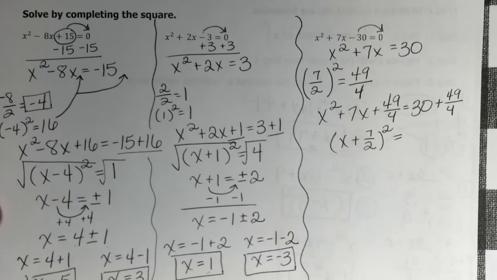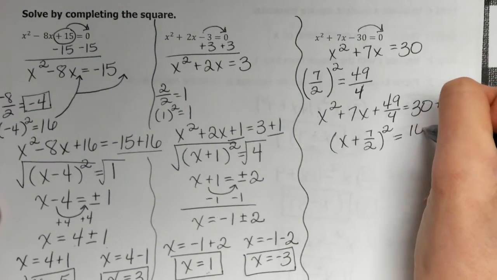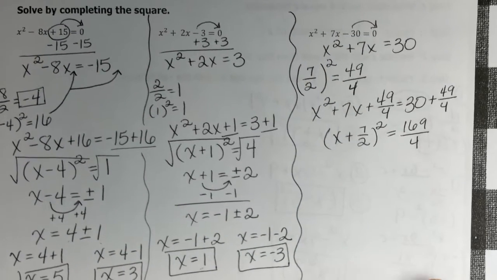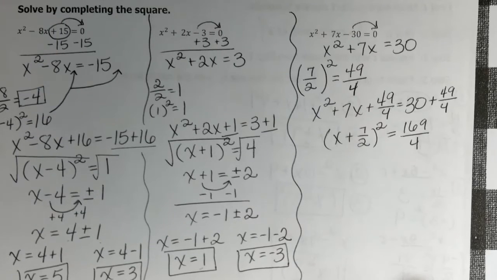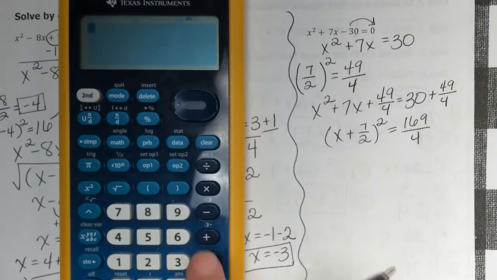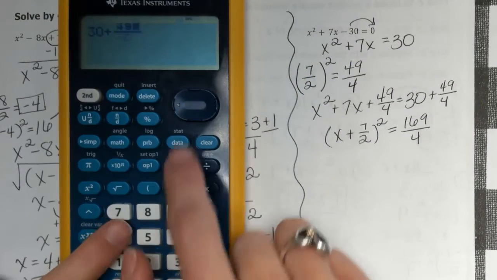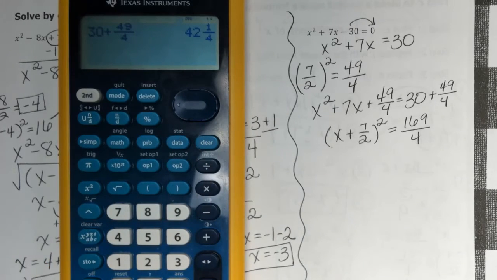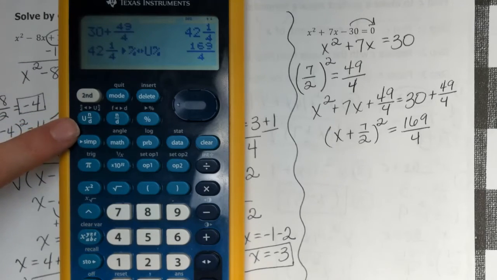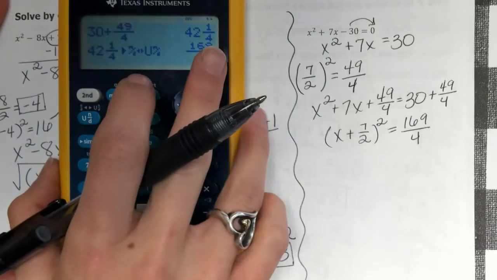Remember, it's improper fraction: 169 over 4. You can add that in your calculator, or you could do the common denominators in your head. In your calculator, you could type 30 plus 49 over 4. It gives you a mixed number, but remember we don't do that. So press second, and then that button gives you your 169 over 4.